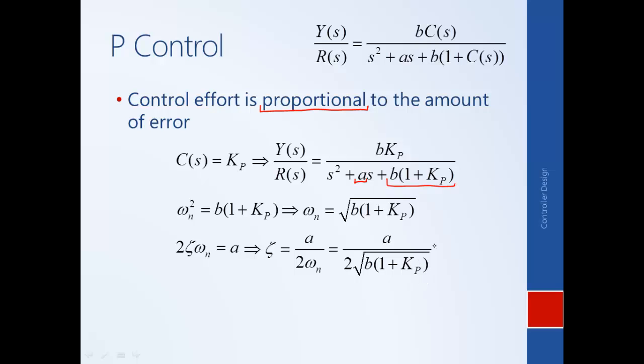Increasing kp also makes this quantity smaller, therefore it makes zeta smaller. We can also think of increasing kp as decreasing the damping.